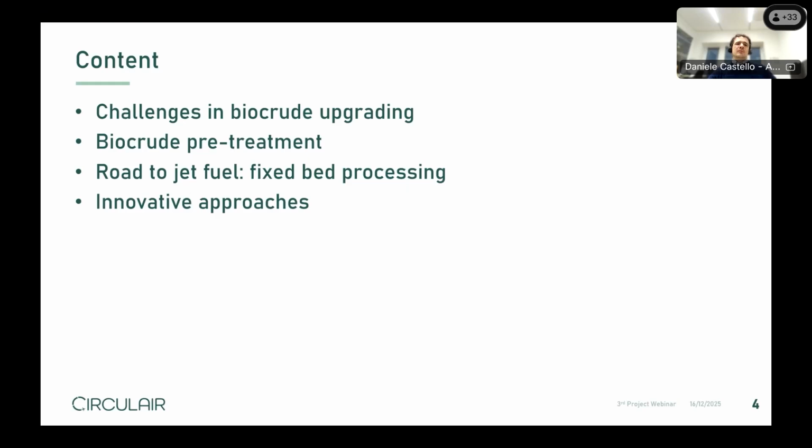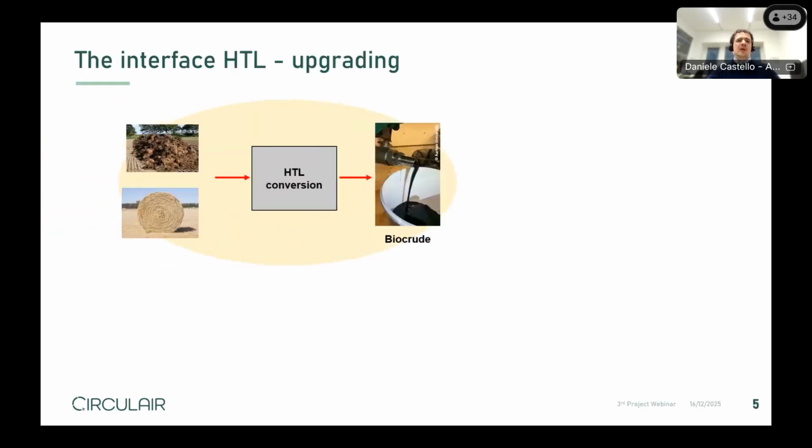I will basically present this topic, touching mainly 3 points, which correspond to the challenges in the biocrude upgrading. So the pretreatment of biocrude, the fixed bed processing, and some innovative approaches to the upgrading of the biocrude.